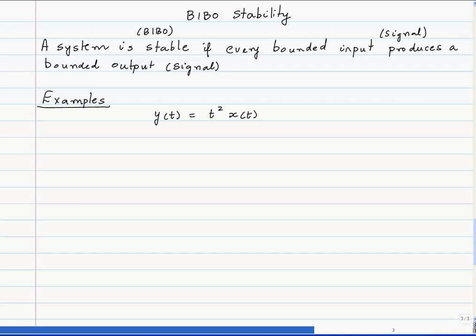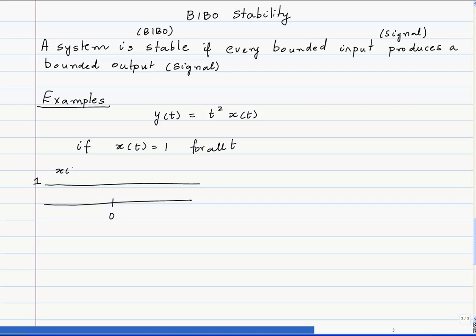So it looks like I could produce an unbounded signal y of t by considering a bounded signal x of t. For example, if x of t is just equal to 1 for all t, that's an input signal which simply looks like this. It's just 1 for all values of t. So let's say this is x of t.